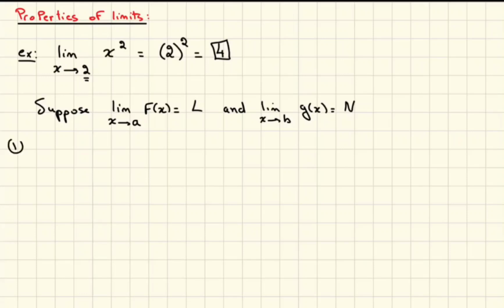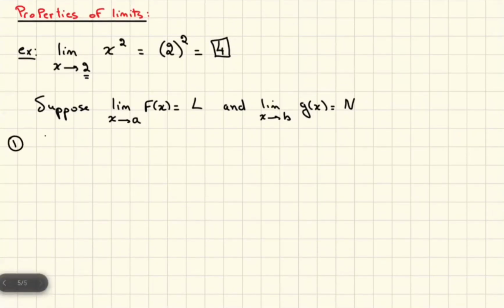The first property is limit as x approaches a of the sum f of x plus g of x is equal to taking the limit as x approaches a for f plus the limit as x approaches a for g. It's wrong to say distribute the limit.